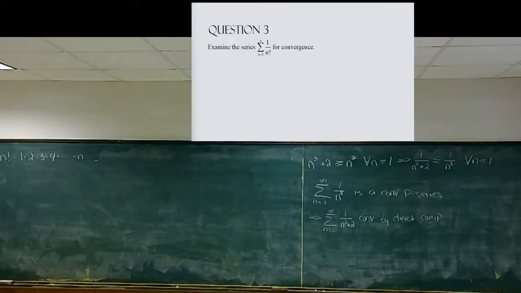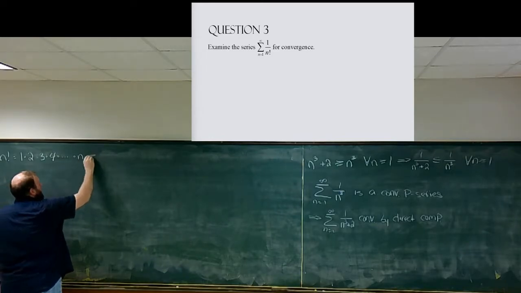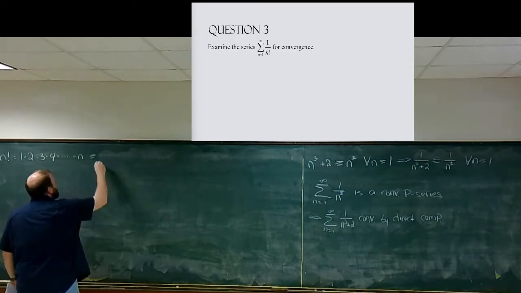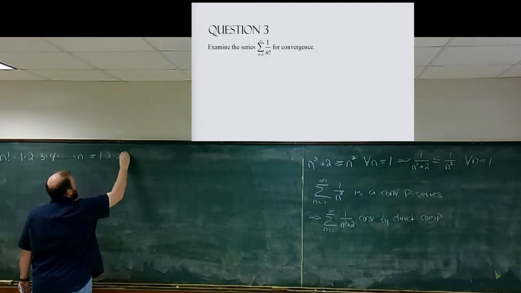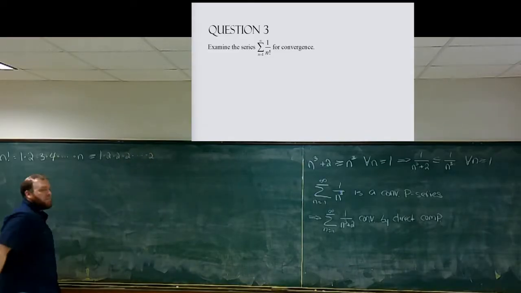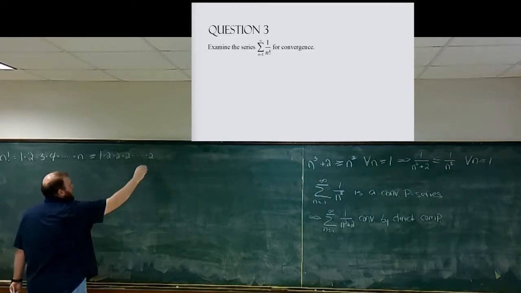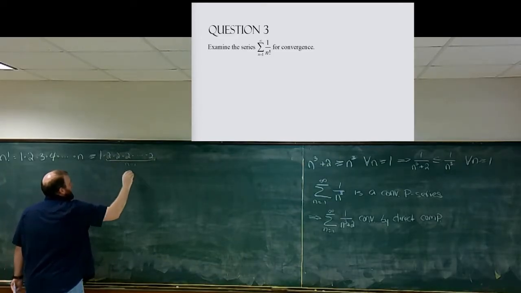N factorial, 1 times 2 times 3 times 4 up to times n, right? Well, this is greater than or equal to 1 times 2 times 2 times 2 times 2 times 2, and so on and so forth, where there's n minus 1 2's.